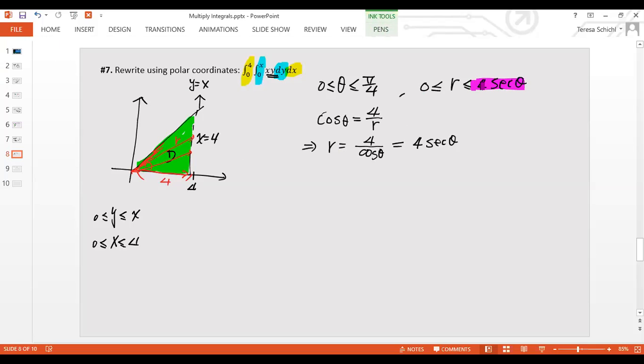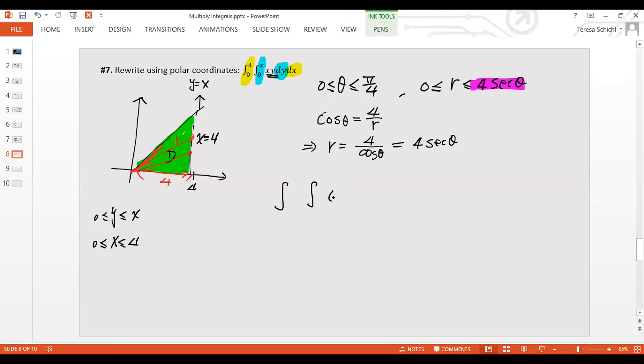So my r is a variable, and I need to rewrite this. Which one do I need to integrate first? I need to integrate r first. Now x is r cosine theta, remember, and y is r sine theta.